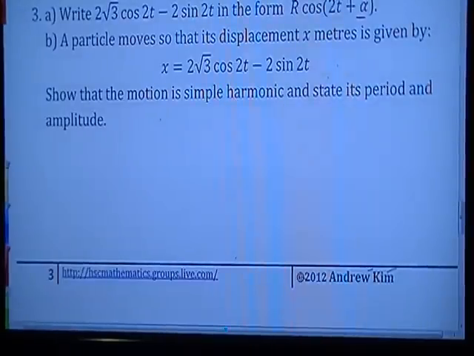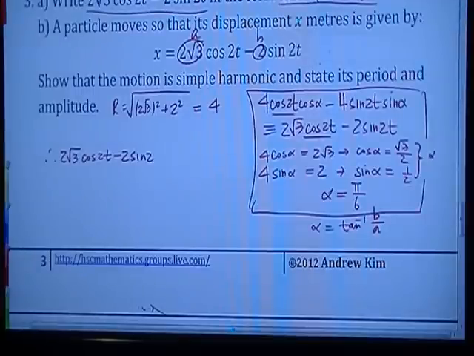For example 3, you've got the transformation example where it's given this in the form of that. That's just basic year 11 trig. 2 sine 2t actually equals 4 cos of 2t plus alpha, which we found was pi on 6. And that's your final answer there.